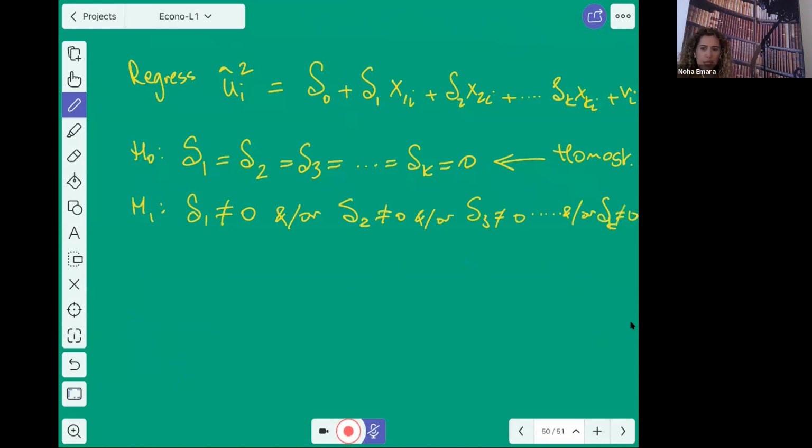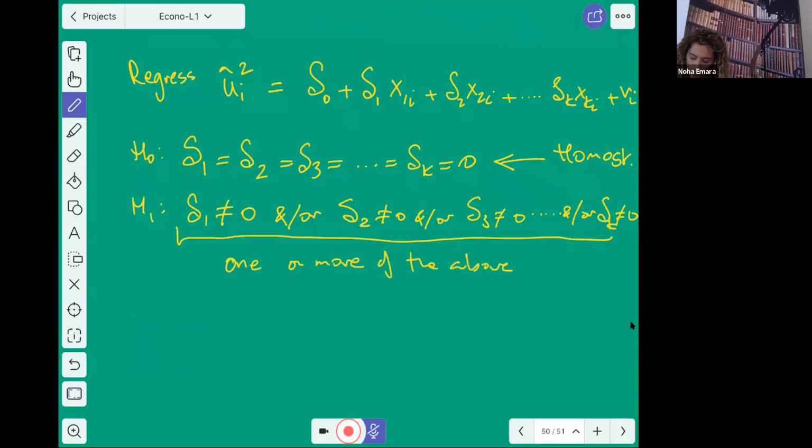Or you can make your life easy and, instead of all this, simply say one or more of the above restrictions does not hold.